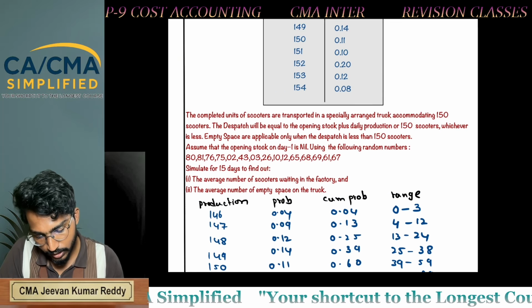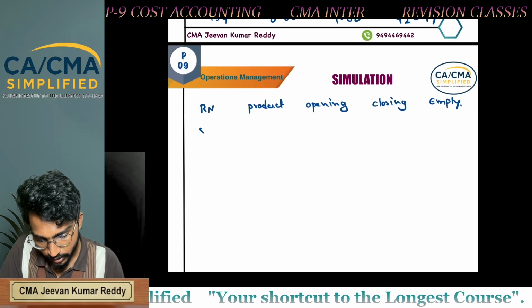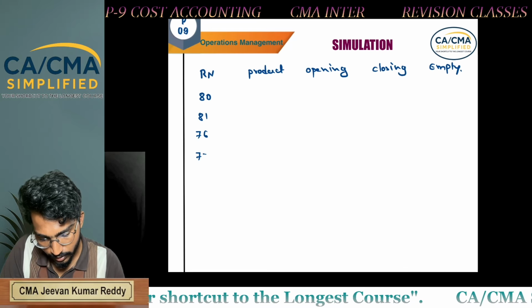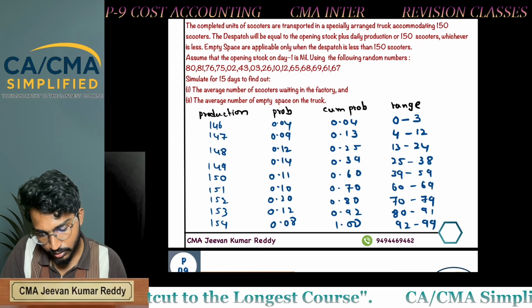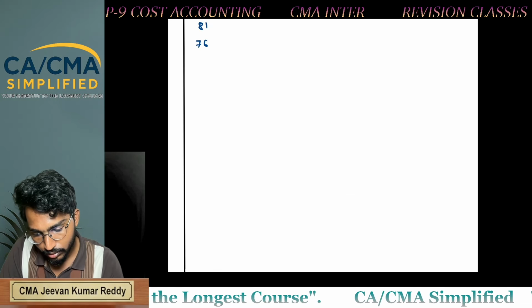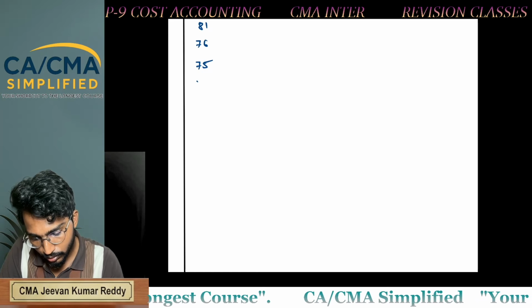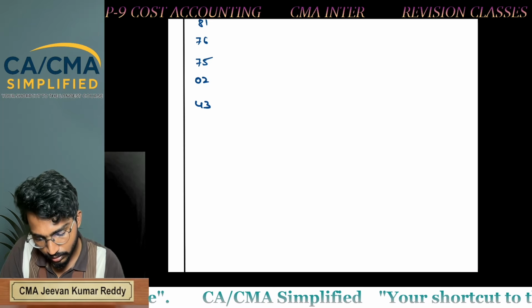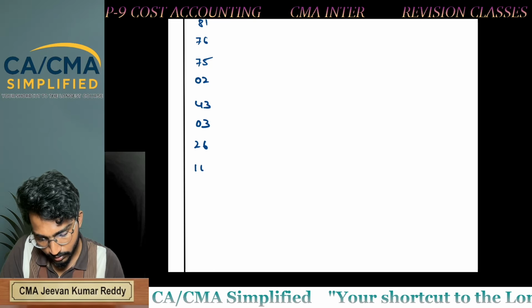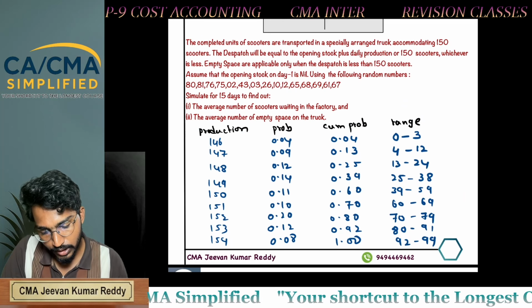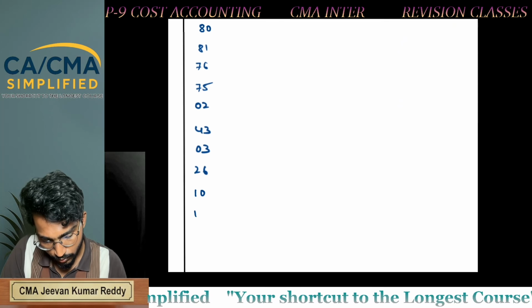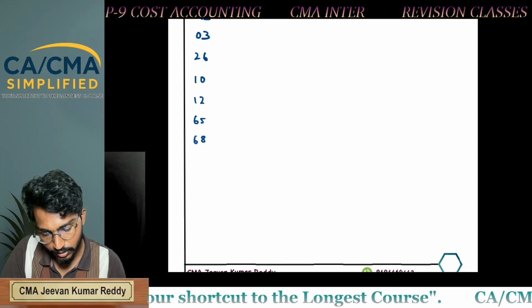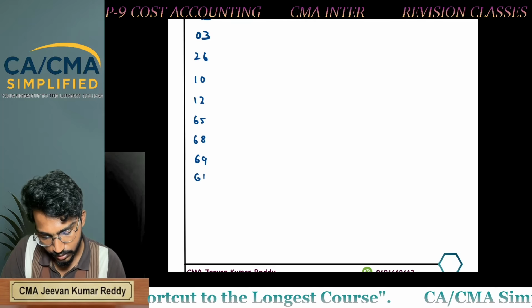Now, what are the random numbers available to us? 80, 81, 76, 75, then 02, 43, 03, 26, 10, 12, 65, 68, 69, 61, 67.